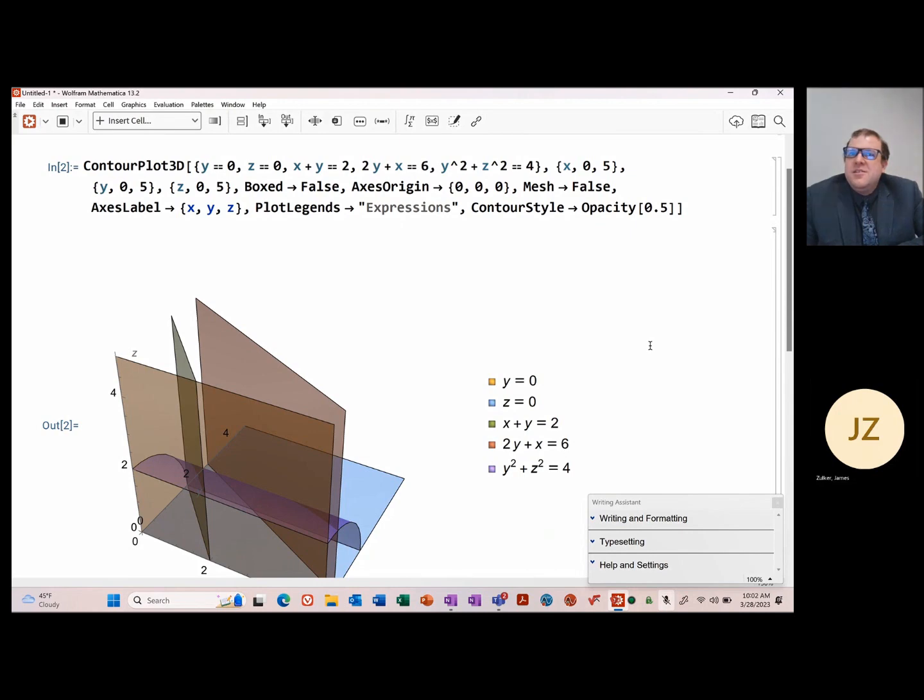Now I just need to try and find the region that we're looking for.